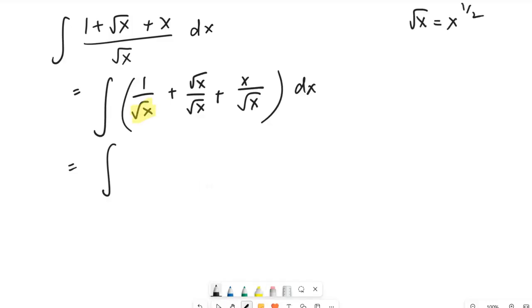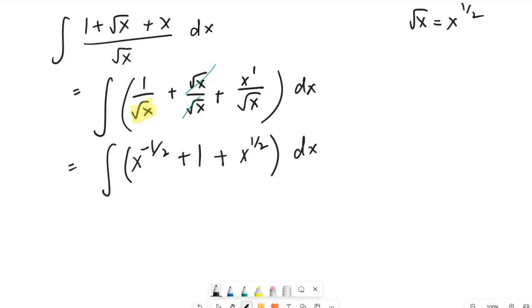So that in the denominator can be written as a negative half power. This root x will cancel, so that would become just 1, plus 1. Here the power is 1 and in the denominator x to the power is half, so 1 minus half is half. Integrate with respect to x.